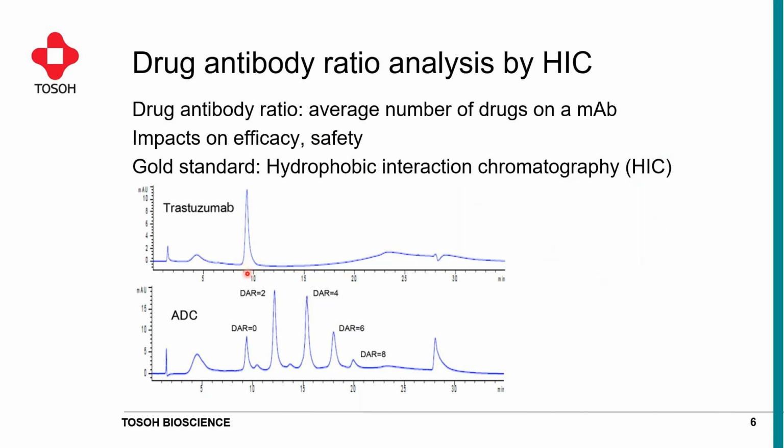Now if we look at an antibody, also trastuzumab, that is conjugated to hydrophobic chemotherapeutic drugs, we will see, again, a portion of the sample which elutes at the same time as the molecule without conjugation, meaning a drug-antibody ratio of 0.